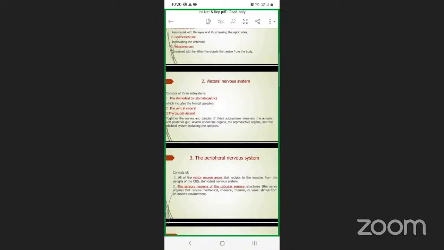And the sense organs such as eyes and tympana also provide information. The information about the external and internal environment is continuously carried from the sensilla to the central nervous system.